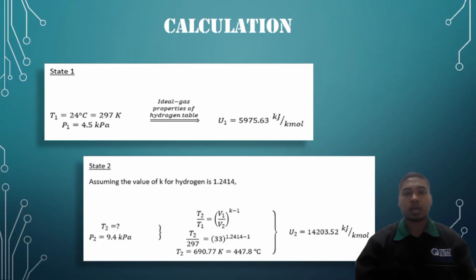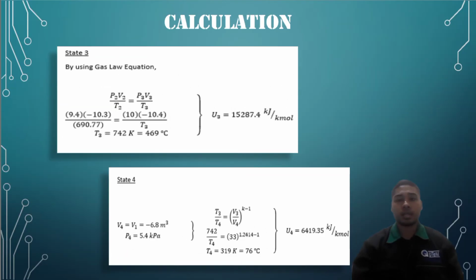At step number 1, we can directly get the internal energy from the ideal gas hydrogen table. For step number 2, assuming the cycle is isentropic, we can first get the temperature and the internal energy.